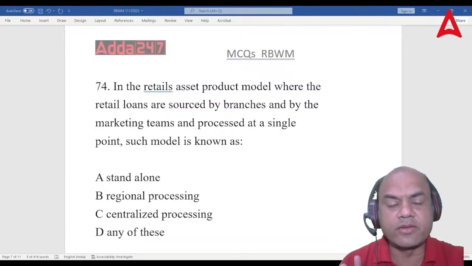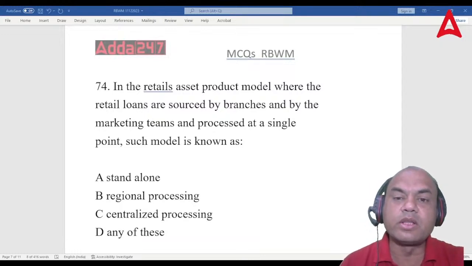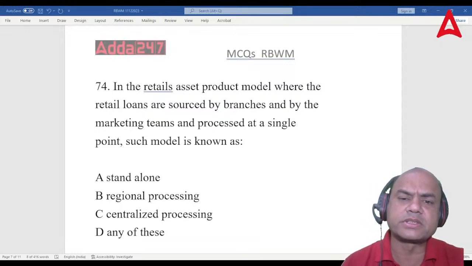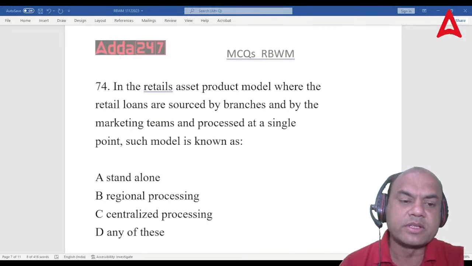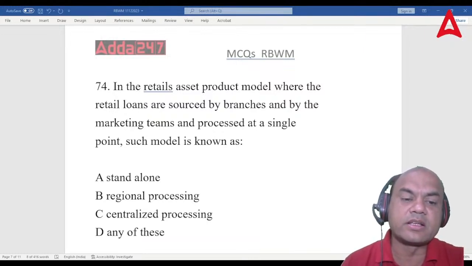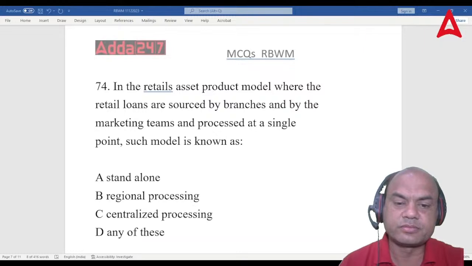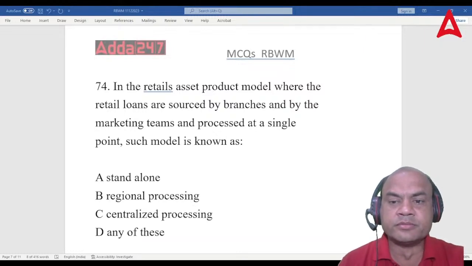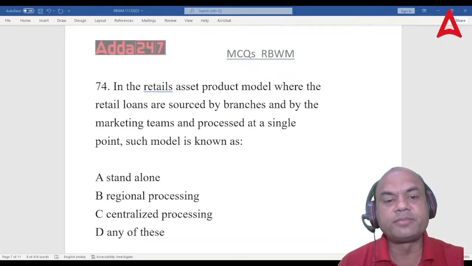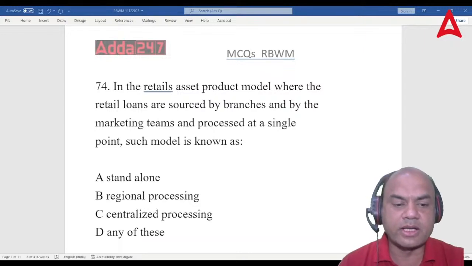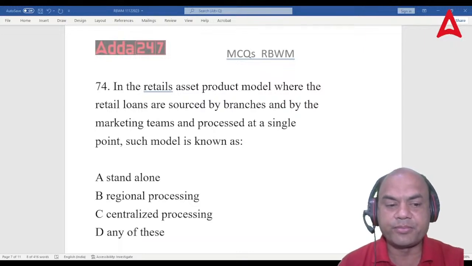All the branches are giving these documents and they are processed at only one level. One processing center is there. So that is called as standalone, regional, centralized, and any of these. What do you think? Think over it. I'll just wait for 1 minute.